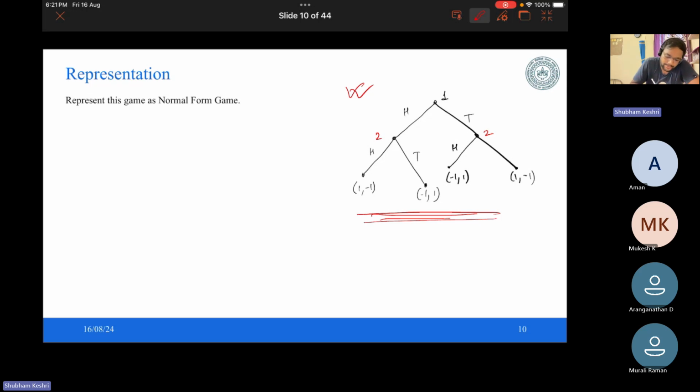Now the question is, can you write the normal form or draw the table for normal form game for this game represented in extensive form? First tell me what are the players. Players are player 1 and player 2. Is this correct?